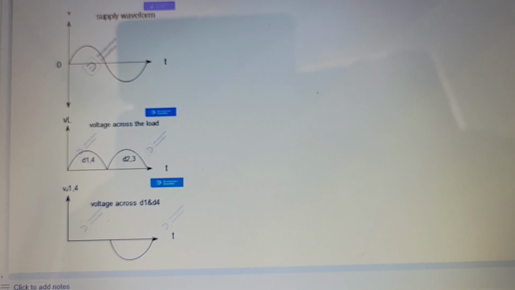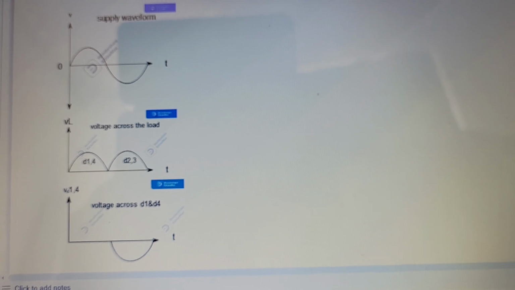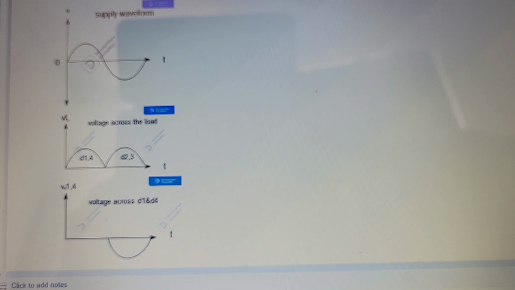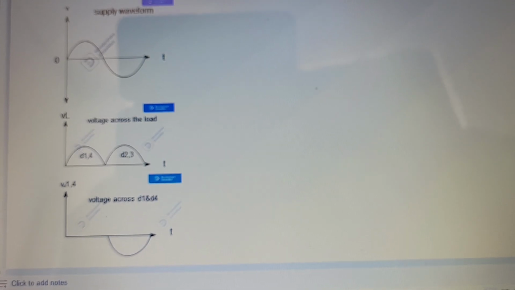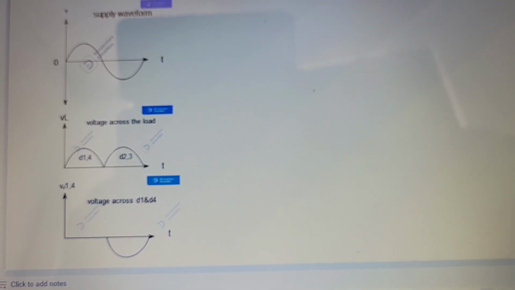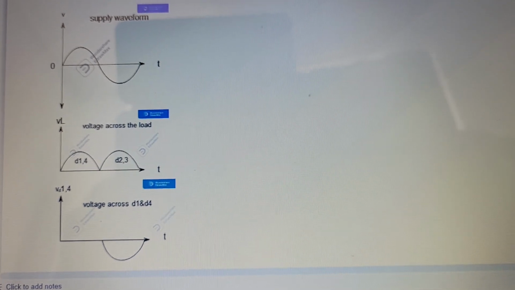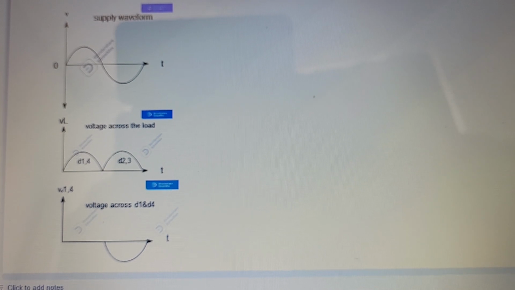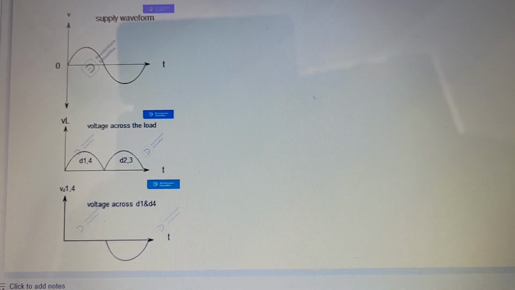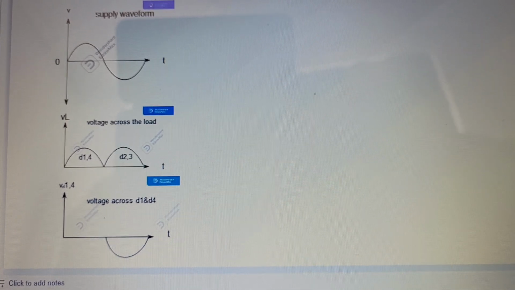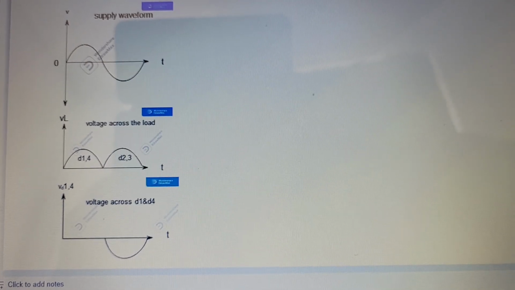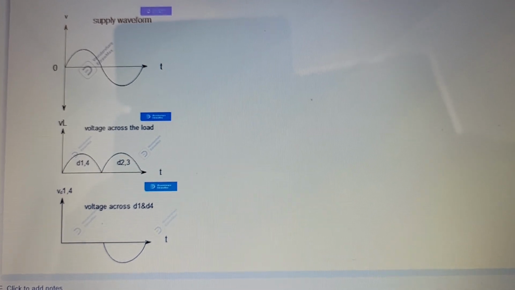So diodes D1 and D4 are conducting from the diagram you see. So up to this level, to prove to me that you have understood what we have been saying till this moment, I would like you to come out with the diagram or the waveform for the current across diodes D1 and D4.